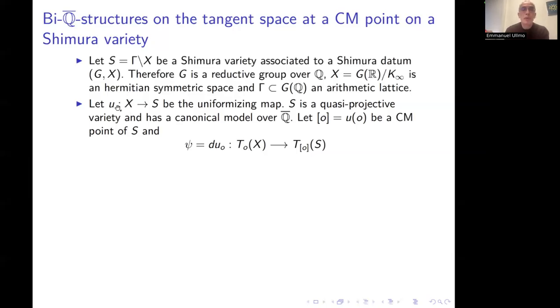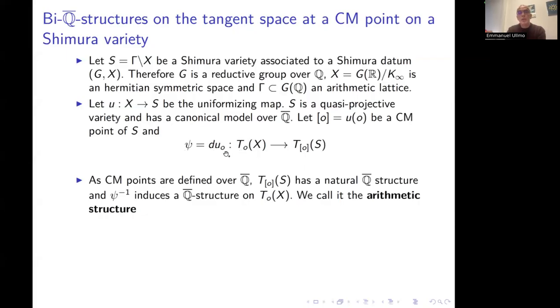You look at the uniformizing map from this Hermitian symmetric space to the Shimura variety. The first point is that a Shimura variety is, in general, a quasi-projective variety, and it has a canonical model over Q-bar. So it means that if you look at a CM point on S, this CM point is in fact defined over Q-bar.